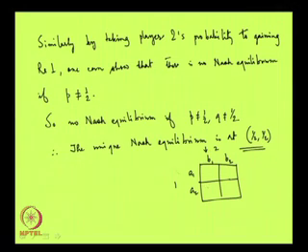Now, had player 1 played A1 with certainty, then we know that the outcome would have been A1 B1, and the payoff from this is C1.